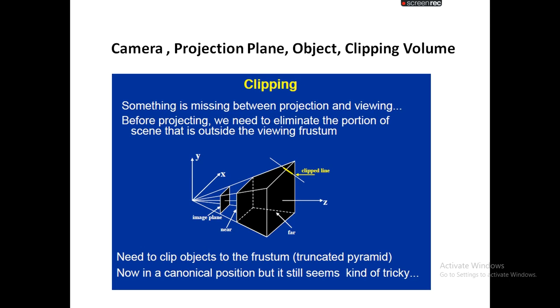I would like to revise what projection is. We use projections to project or display a three-dimensional object description on a two-dimensional view plane. This is the purpose of using projections.